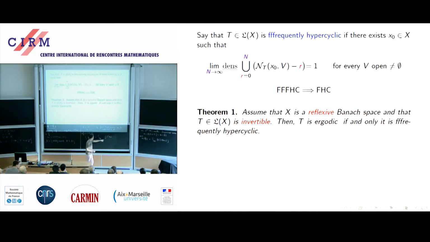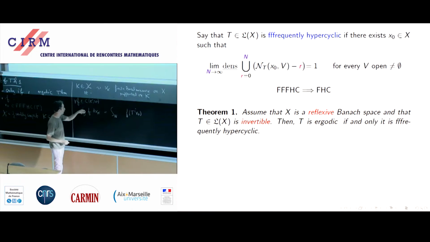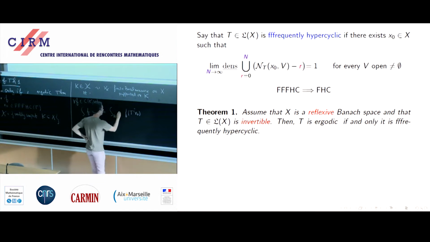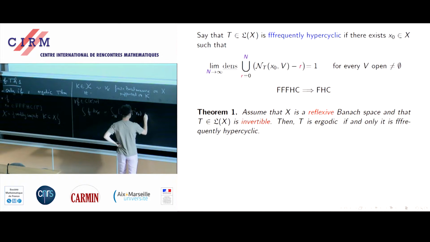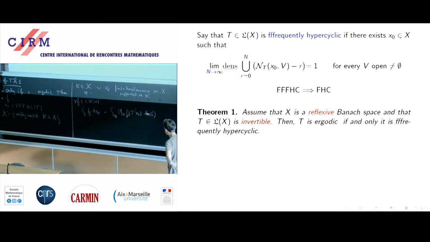Of course, this means nothing by itself because f is just defined on K, so you add the indicator function of K, and you average over the mean. Okay, so this is a definition.